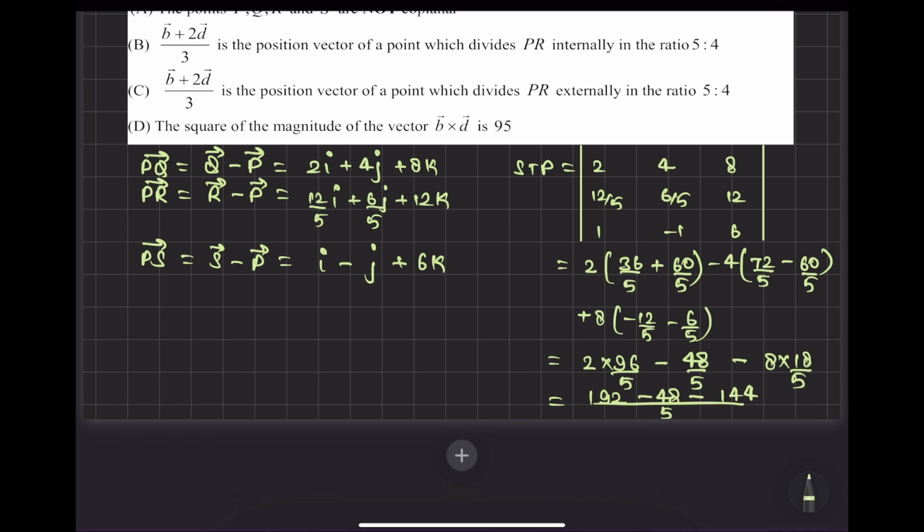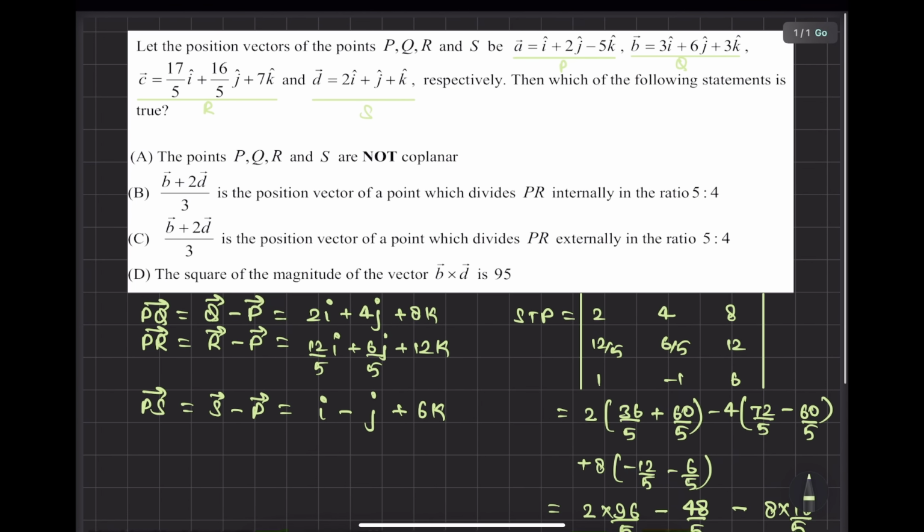If you add 144 and 48, it is 192. So it is coming out to be 0. Means the scalar triple product is 0. This means points P, Q, R, S are coplanar. Correct? But they are saying that it is not coplanar. So this statement is wrong. It is coplanar.